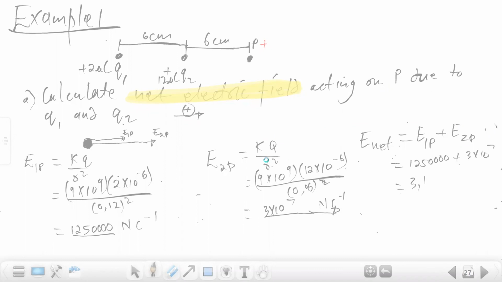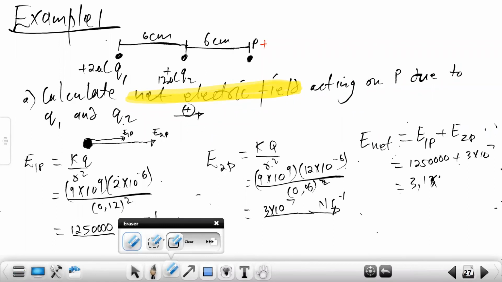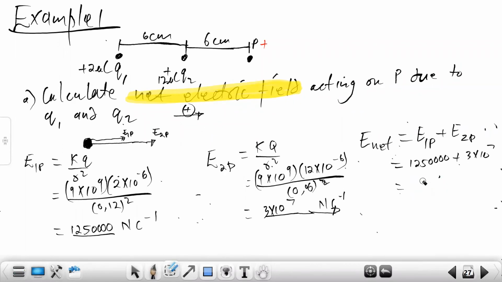It becomes easy when you start understanding how to use the specific calculations or formulas thereof. So the final answer is 3.13 multiplied by 10 to power 7 newtons per coulomb.